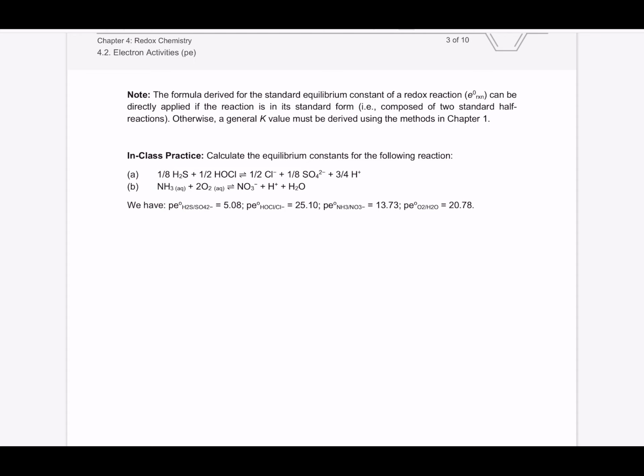So now we want to decouple the first reaction into two reactions and see whether that one is a standard redox reaction. First, we need to identify whether H2S/SO4 was a part of reduction or oxidation. The easiest way to do it is probably looking at the oxidation state of Cl in the second part. So for part A, we look at the oxidation state of Cl, one in HOCl, one in Cl minus.